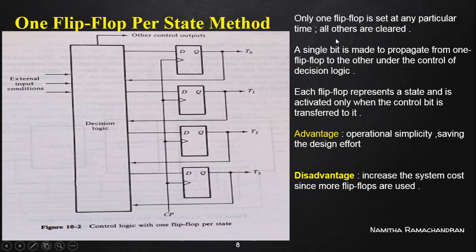Next is about the operation of the system. Only one flip-flop is set at any particular time. All others are cleared. These 4 different flip-flops here indicate 4 different conditional states. That means only one condition state becomes active at a particular time and all others are in the cleared state.